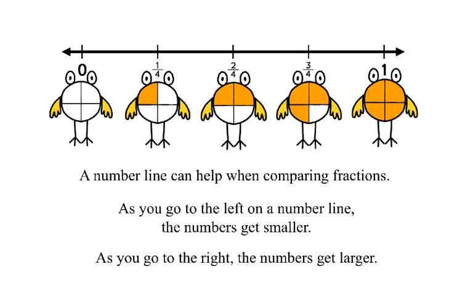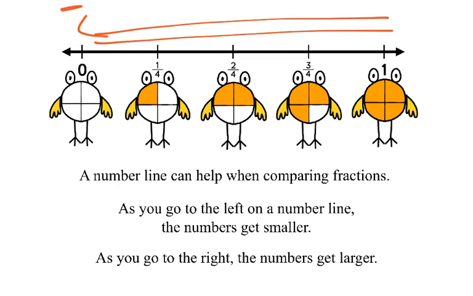So we also know that a number line can also help us when comparing fractions. As you go to the left on the number line, the numbers get smaller. As you go to the right, we go this way, the numbers get larger.